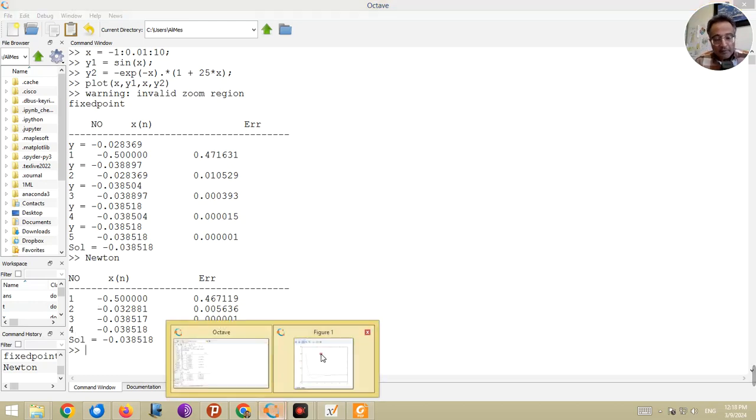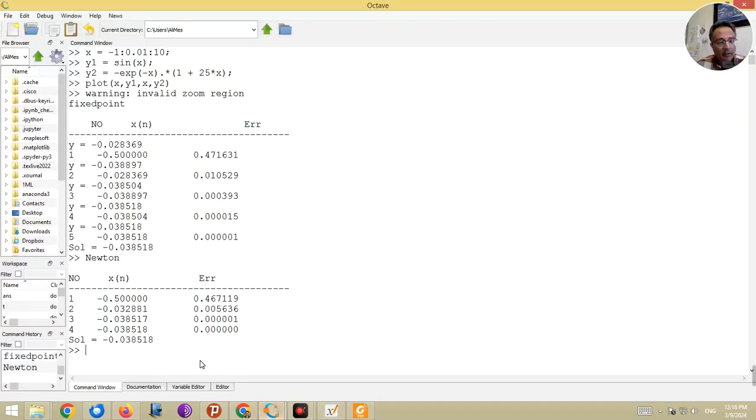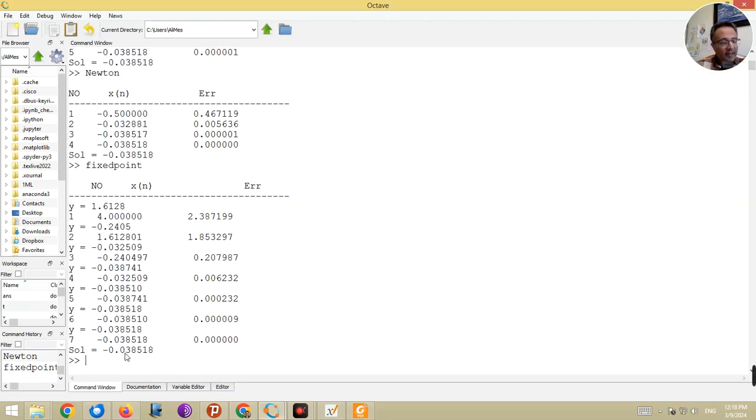Okay, we had here some different roots in the different intervals for the equation. For example, here we have a root between 4 and, for example, 5, or 4 and 6. Let me try the same. Let me try here for fixed point with starting point 4 and run it. We again get the negative root.